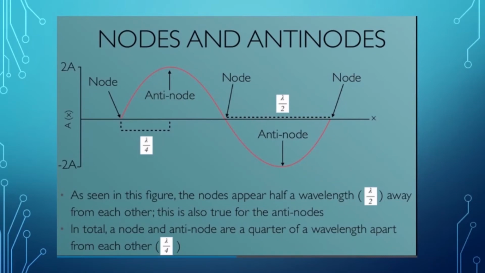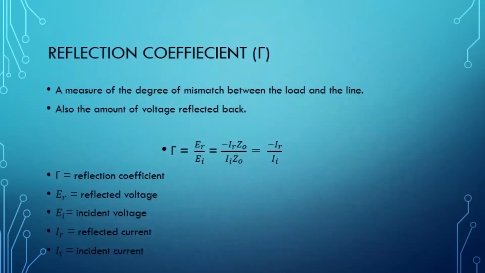The nodes appear half a wavelength, or lambda over 2, away from each other, and this is also true for antinodes. In total, a node and antinode are a quarter of a wavelength apart from each other, or lambda over 4, quarter wave.